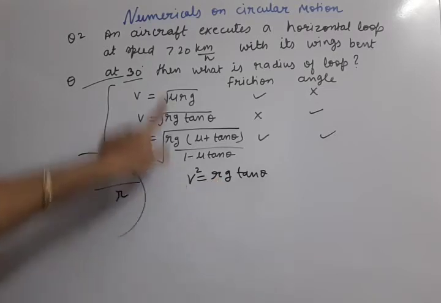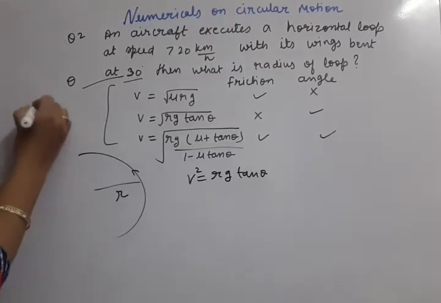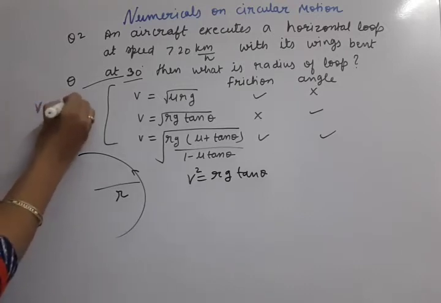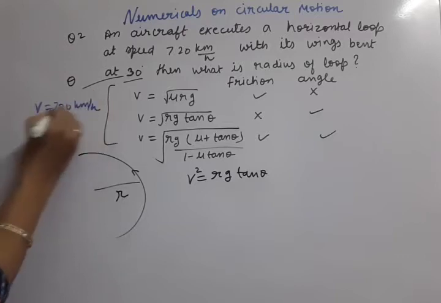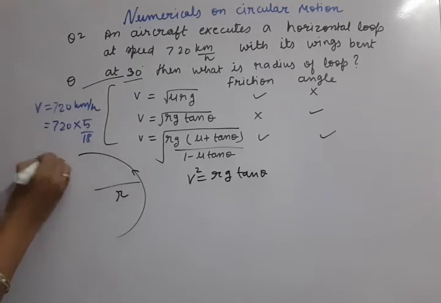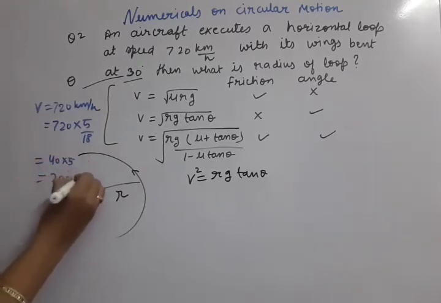First of all, the velocity which is given in kilometer per hour, we need to convert into meter per second. So velocity is 720 kilometer per hour. We do 720 into 5 by 18. So it is 40 into 5, that means 200.